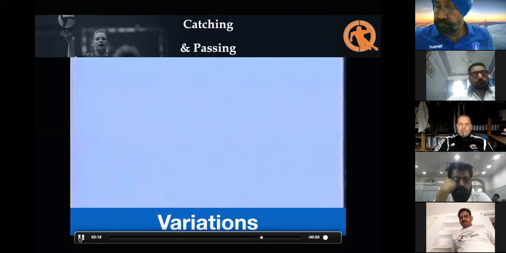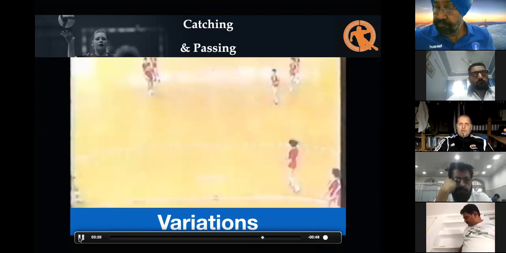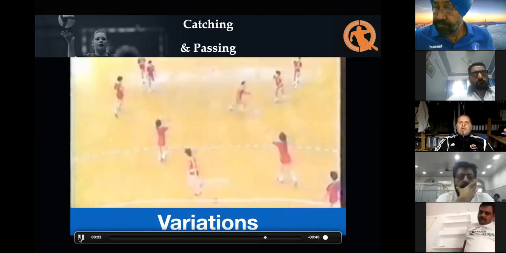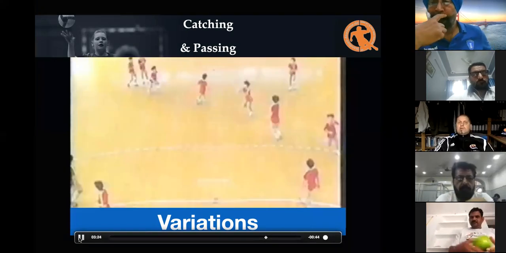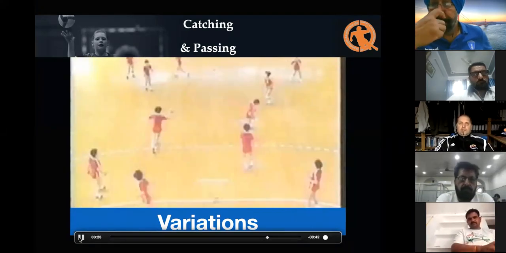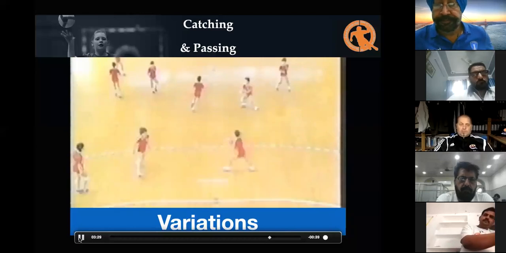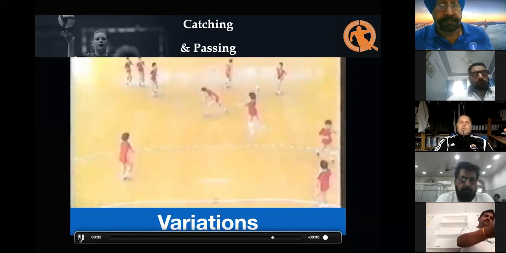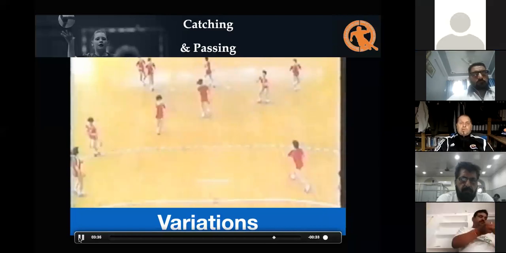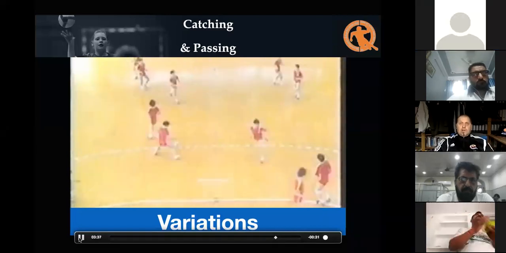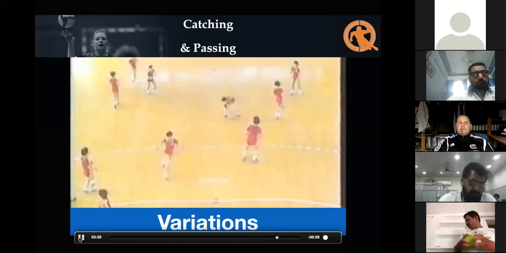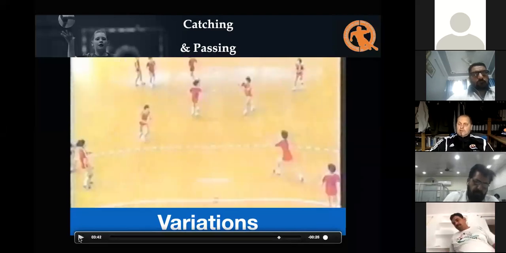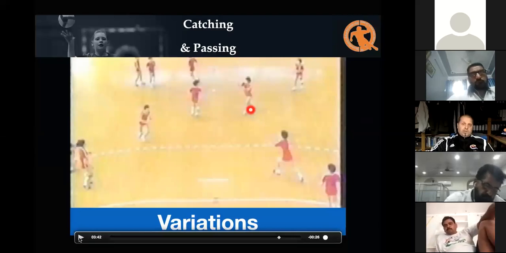In the next variation, it's the same, but now the players are feinting. So this is the combination with the feint. Receive the ball, feint movement, pass the ball afterwards. From the different types of feints they are using, they have different ways of running. Sometimes this player, after a feint left, right, is moving to that side.